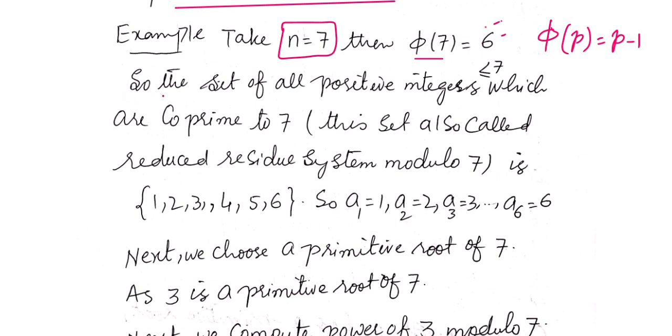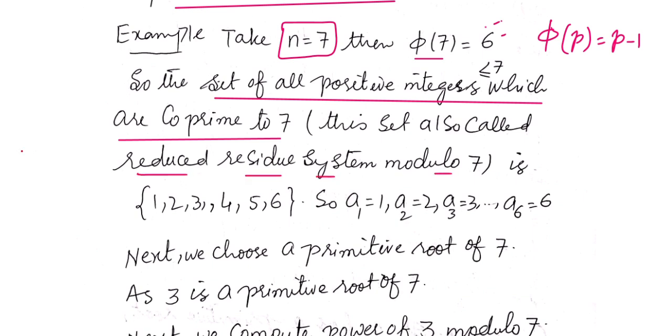So the set of all positive integers less than or equal to 7 which are coprime to 7, also called the reduced residue system modulo 7, abbreviated RRS, is simply the first 6 integers. You can easily verify that each integer is coprime to 7.